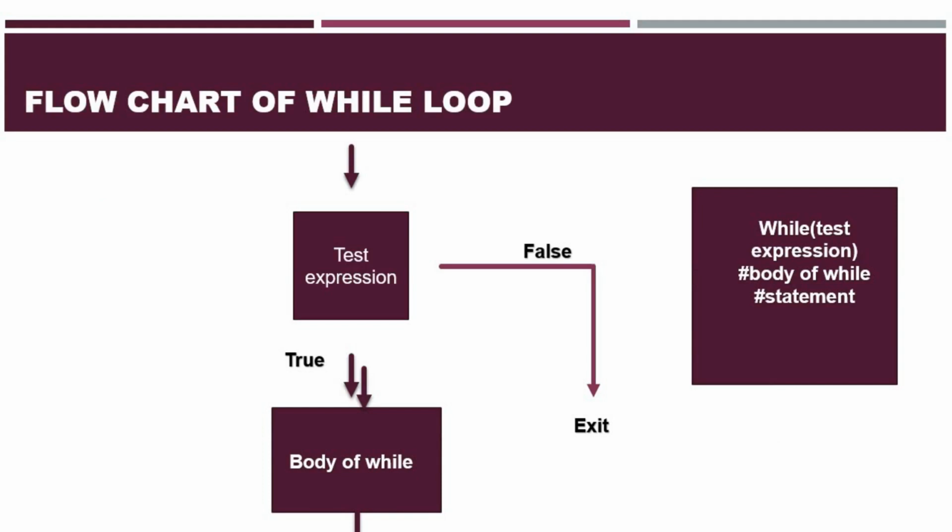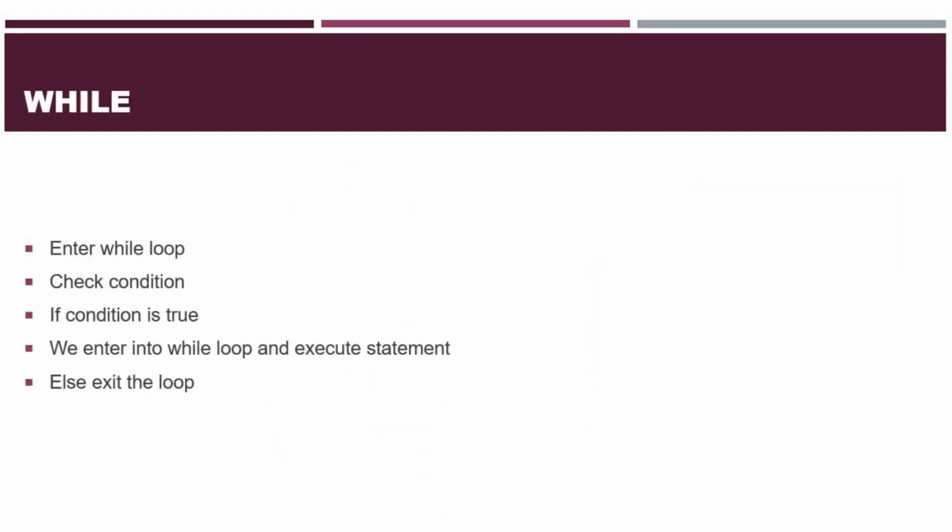If it's true, the body of the while loop will run and give the answer, and if it's false, it will come out of the while loop and exit. So if the expression is true, it will run the while loop, otherwise it will come out of it.